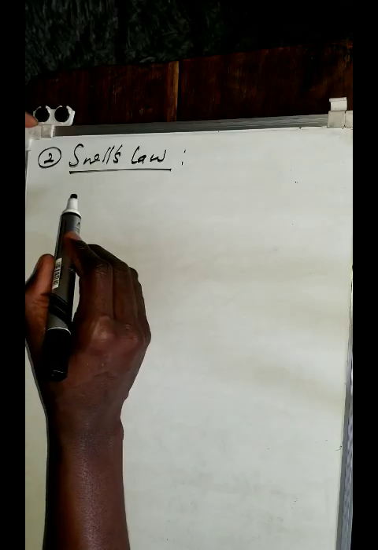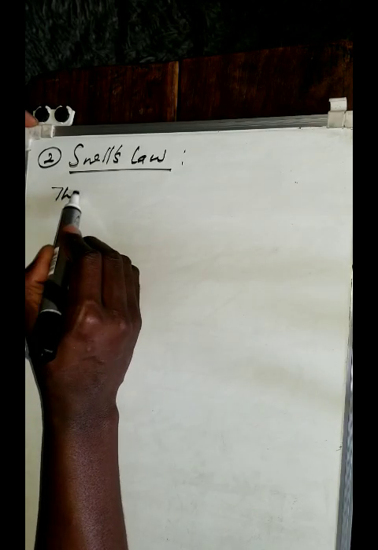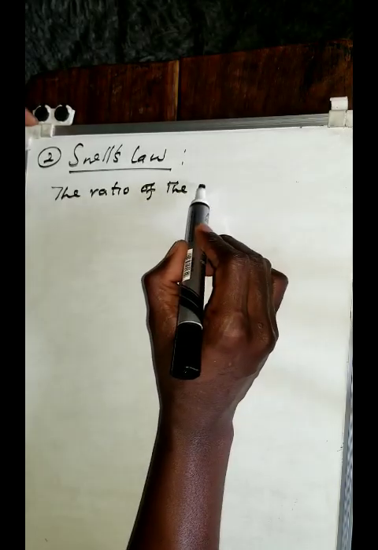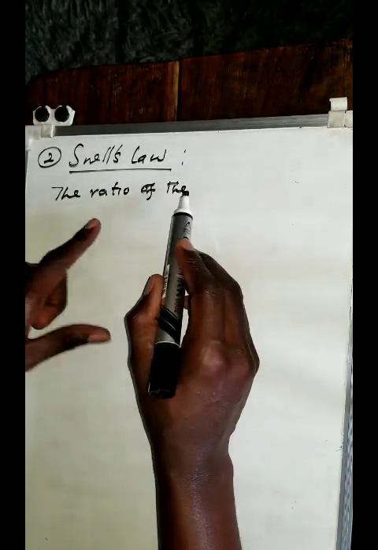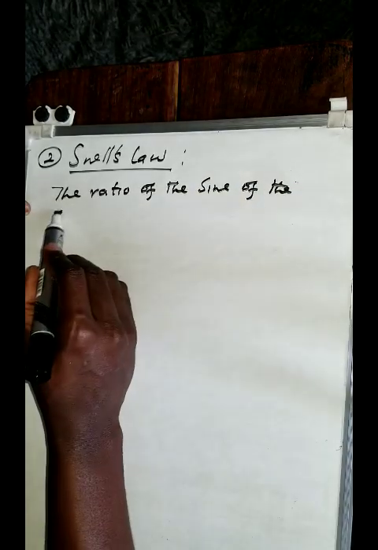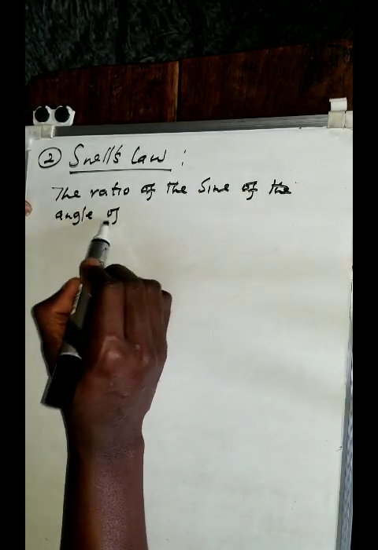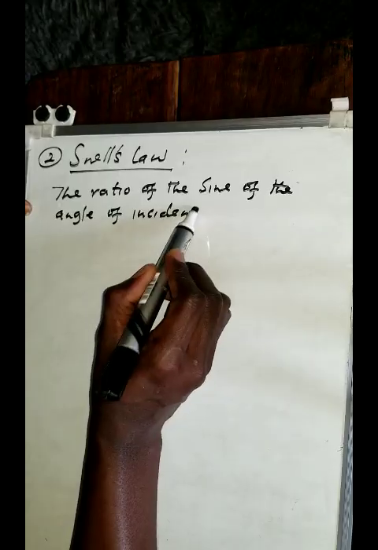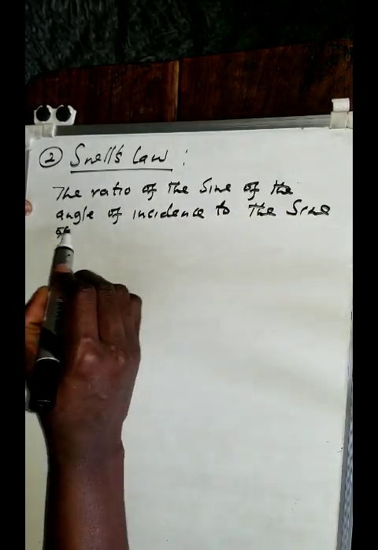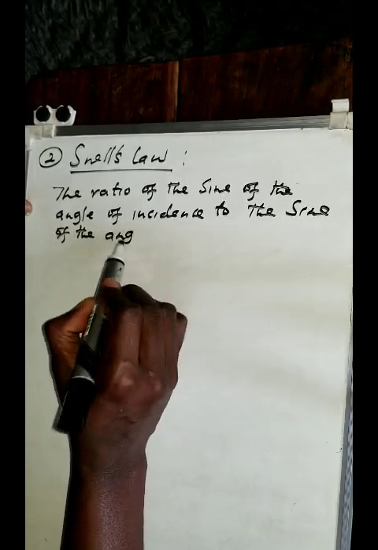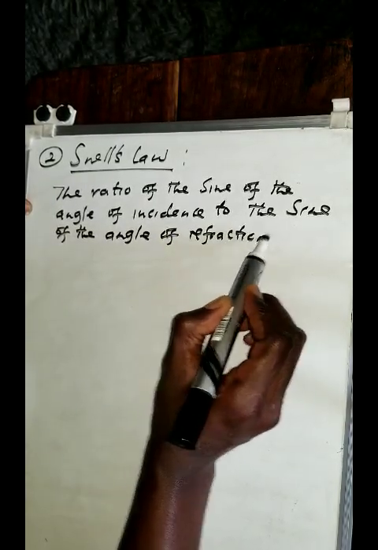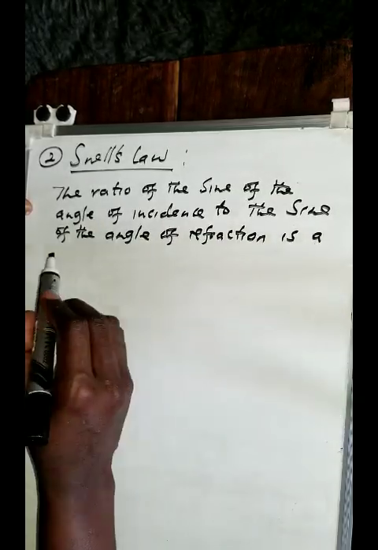Well, it simply says that the ratio of the sine of the angle of incidence to the sine of the angle of refraction is a constant.